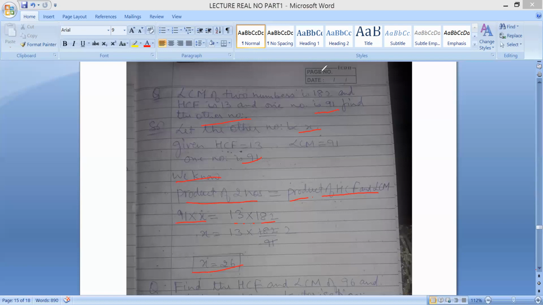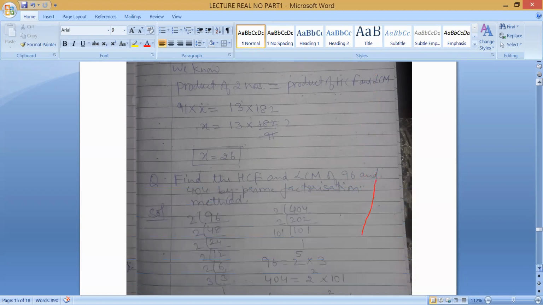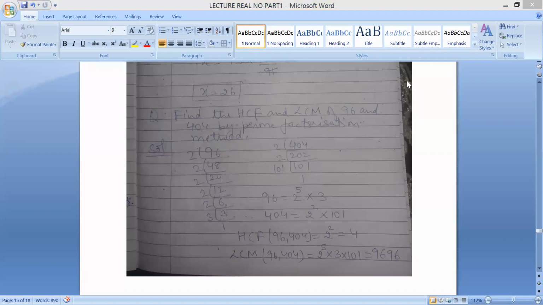Next question. Please maintain the copy. In the copy you have to write down all the things that we are doing. Whatever you are seeing in this chapter, part 1, part 2, part 3, part 4 work, you have to do in the copy.